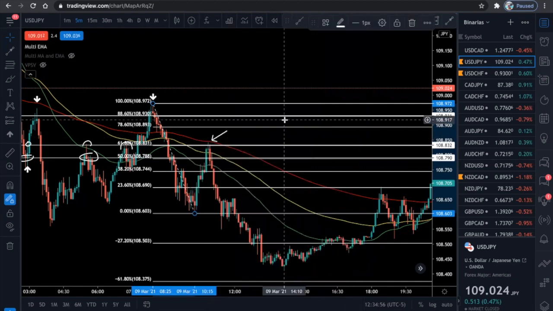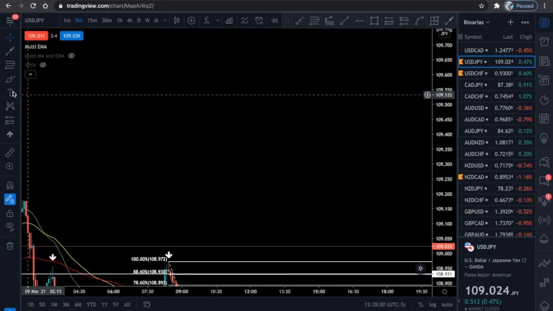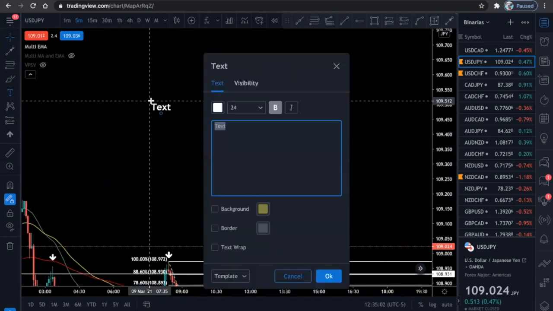So for example, if you have the normal one, fib normal on TradingView, you want to go from the beginning of trend.